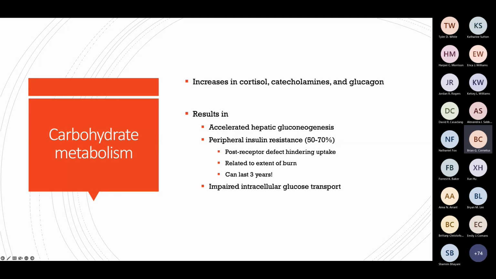It's generally related to the extent of the burn, but not 100%. Sometimes with those high surface area but lower percentage burns, you may not see this happen. Whereas if you've got higher depth burns in smaller percentages, it does tend to happen in those patients. And this can last long periods of time, up to 3 years.